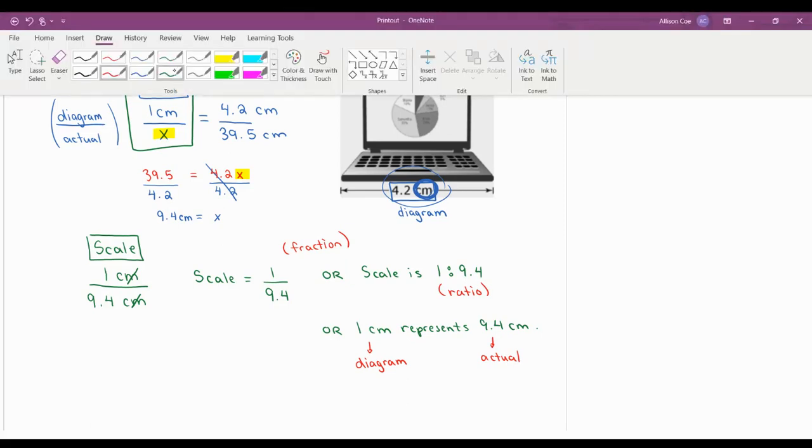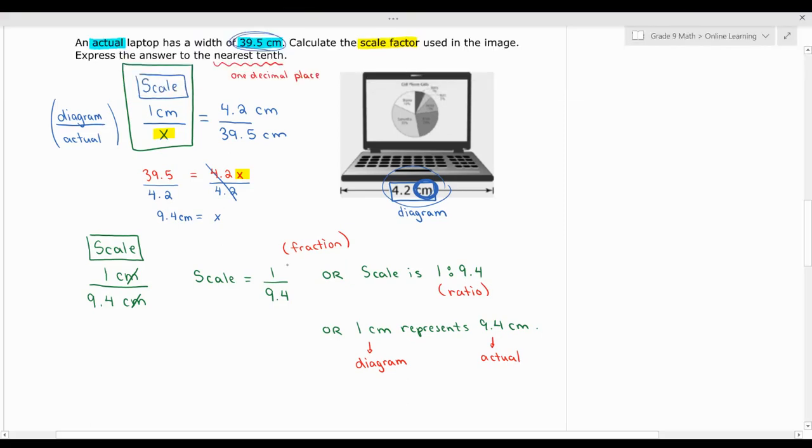And what I'm noticing, there are some questions coming up in terms of what the textbook does for their solution: they're taking the fraction and then changing it to a decimal, because it looks weird to have a fraction with a decimal in it. So if you went 1 divided by 9.4, keeping in mind it wanted one decimal place, you could also say the scale factor is 0.1.